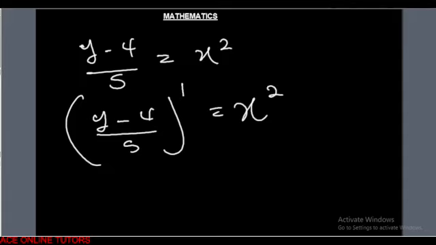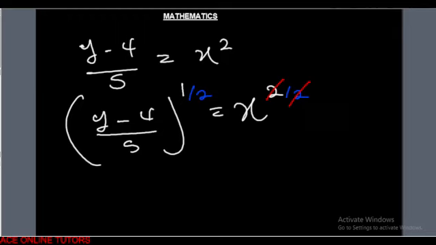Now you remove the power. Don't forget, we always remove power by dividing. So you divide this power by 2. You divide this power also by 2. You divide it by what you are trying to remove, and what you are trying to remove is 2. So this 2 cancels this 2. What are we going to have left?